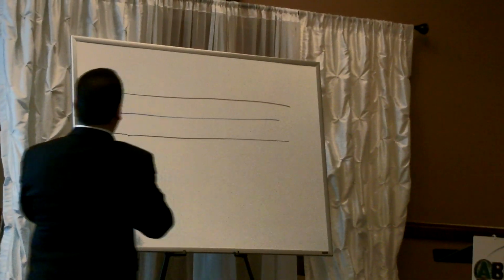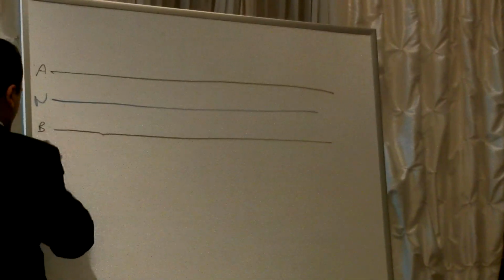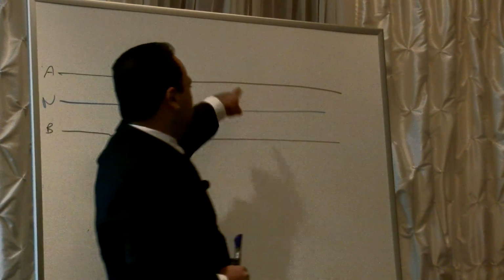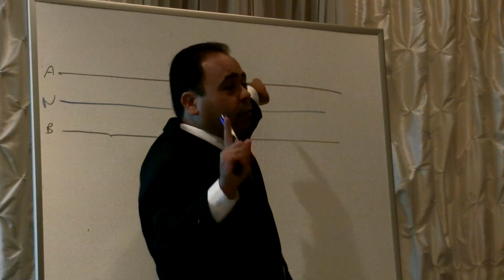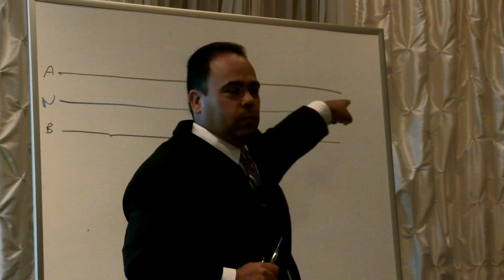And what Danny's asking is, correct me if I'm wrong, if I touch A and neutral, I get a shock. If I touch B and neutral, I get a shock. If I touch A and B, I get a shock. If I touch just A, and I'm not grounded anywhere, not a completed circuit, right?